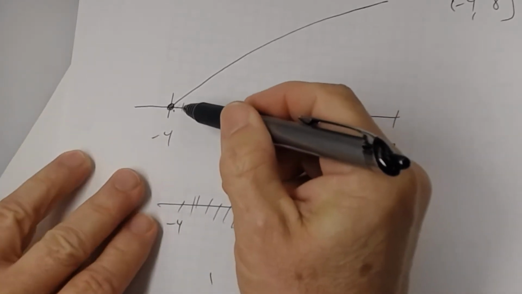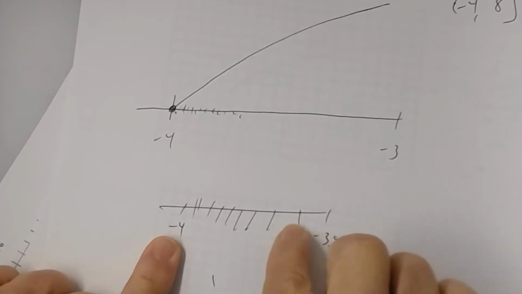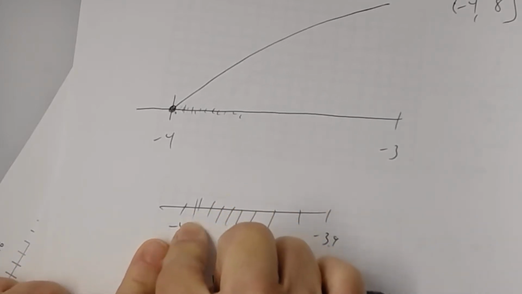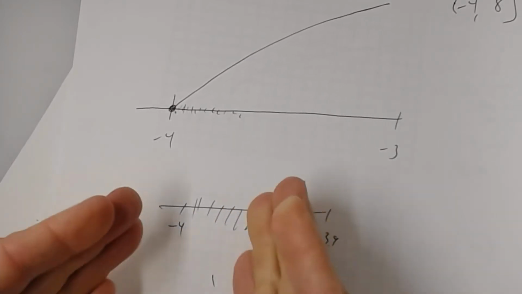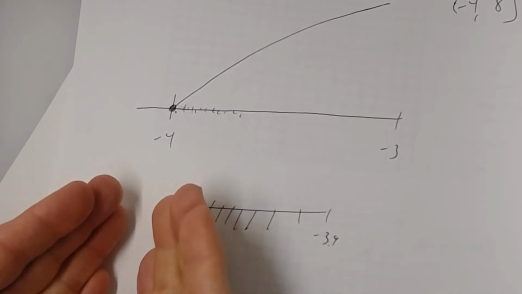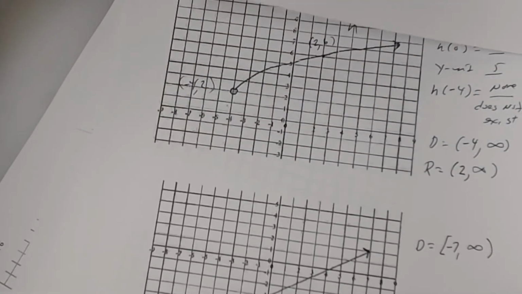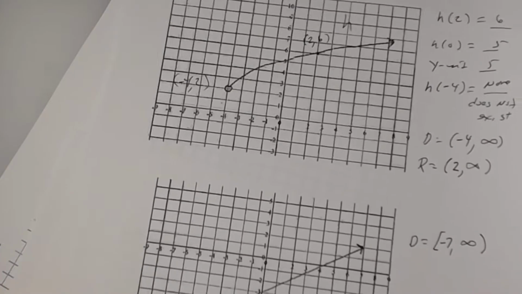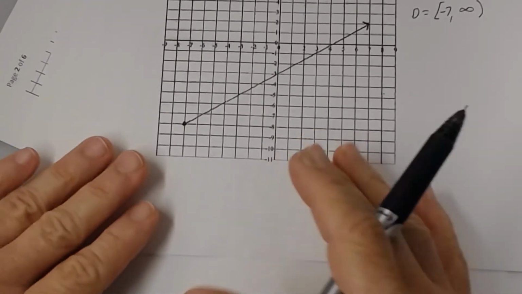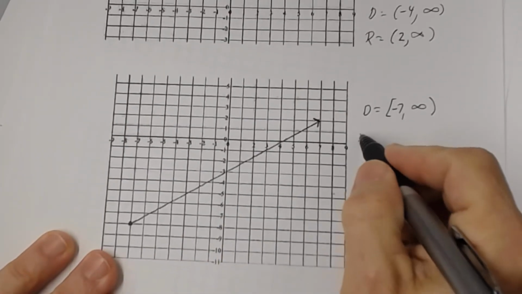Then you can take this little piece right here and expand it further, and you see you still have an infinite number of numbers there. And then you can go all the way to -4. So that's why in some functions you'll see open circles and closed circles. All right? Now, let's talk about the range on this one.